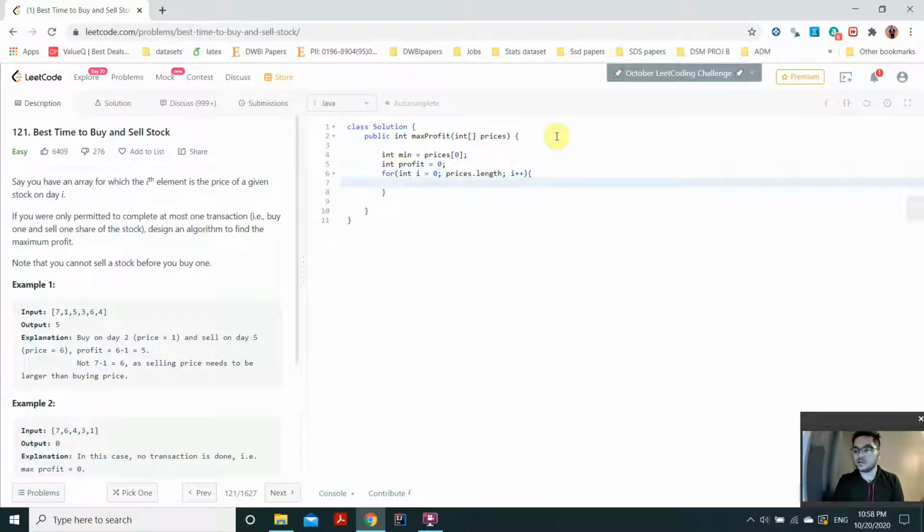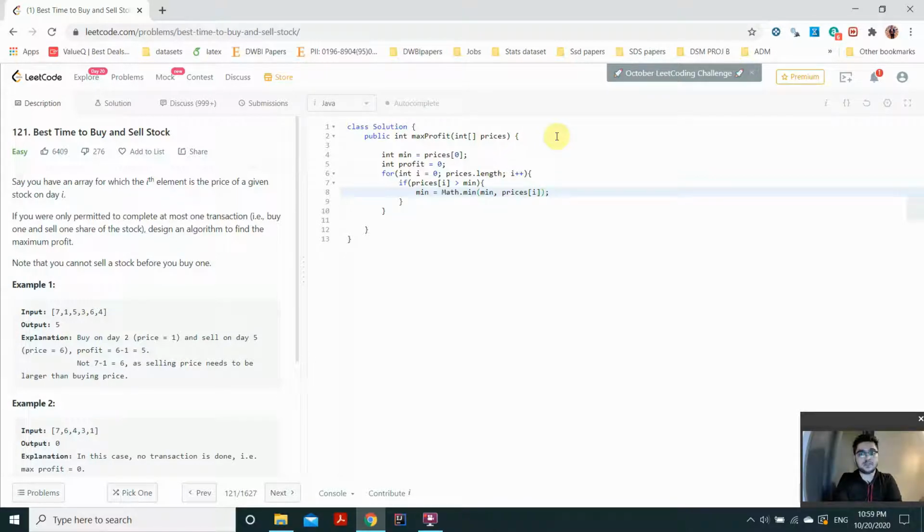If it's lower, that is, if the current value, prices of i, is smaller than the minimum value, we would store it here. Math.min of this and prices of i.